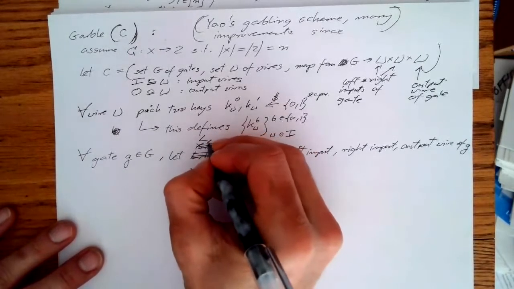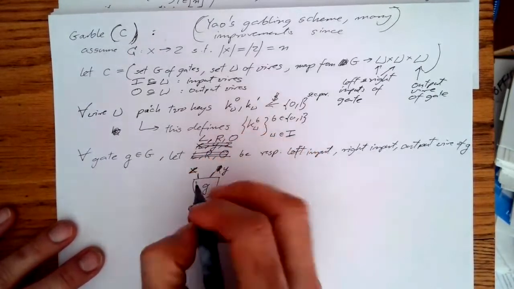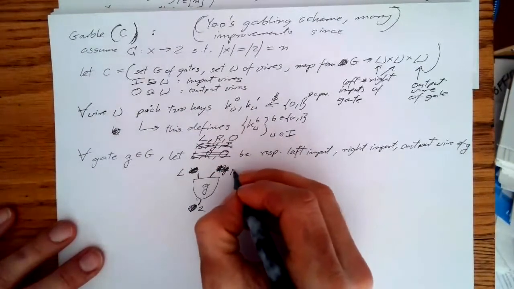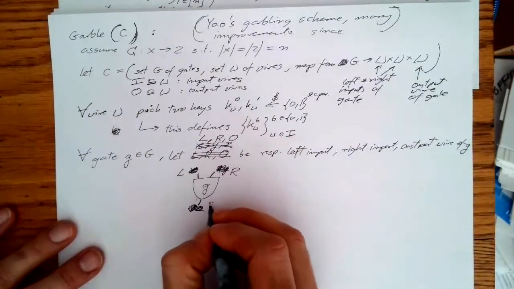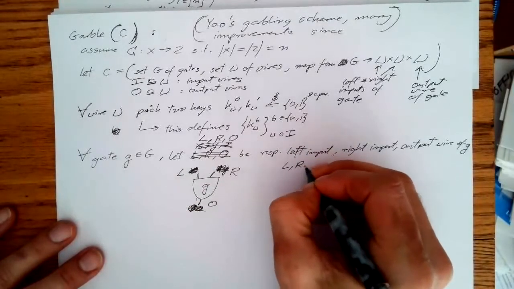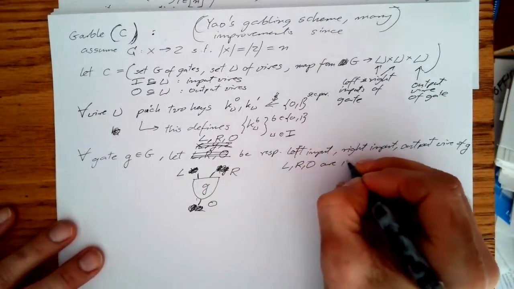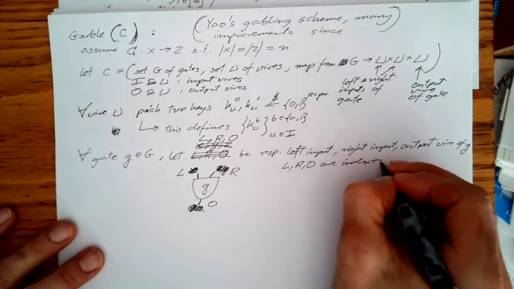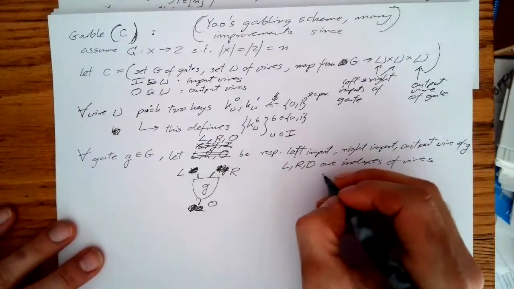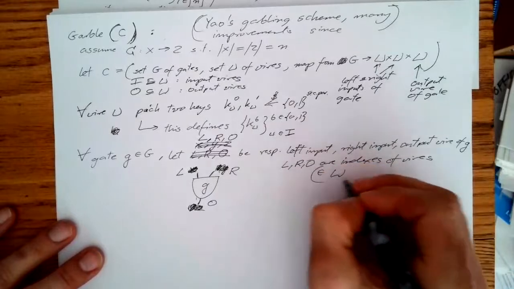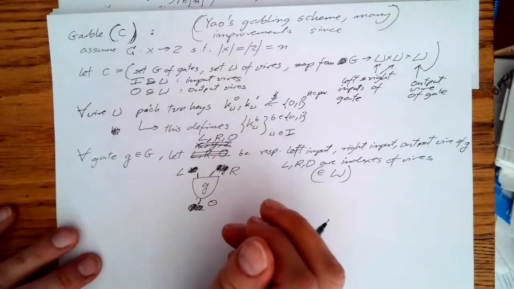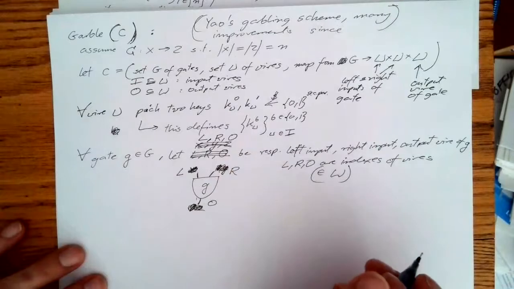Let's go back to left, right, and O. So this is the left, this is the right, and this is the output. These are just indexes, so L, R, and O are indexes of wires. They are elements of W, not the input and output bits themselves.